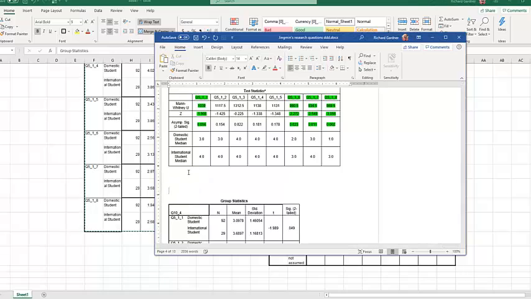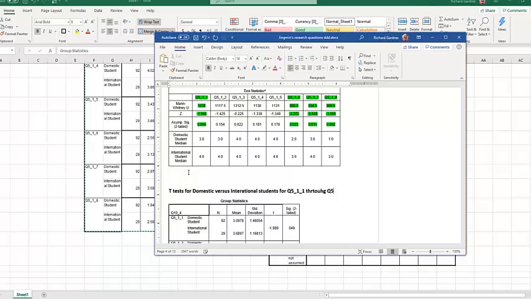T-tests for domestic versus international students for questions 5_1_1 through 8.